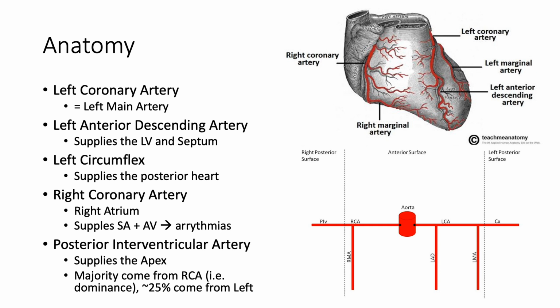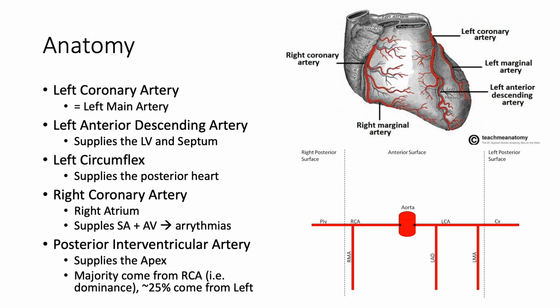So you've got the two main arteries that come off the aorta, which are the left coronary artery and the right coronary artery. Some people might trick you up sometimes and ask, what are the first branches of the aorta? Technically speaking, it's the coronary arteries.